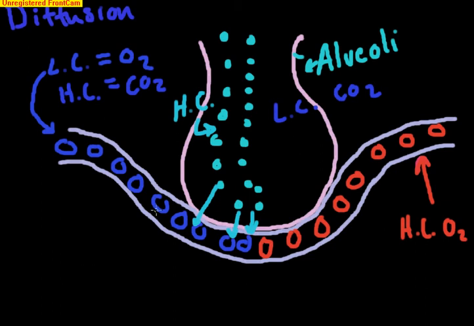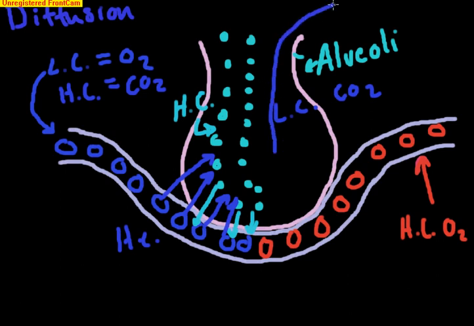So what happens then is the carbon dioxide from a high concentration here goes to a low concentration there. So there's like another exchange that happens, and then essentially you exhale, and out goes the carbon dioxide. In retrospect, over here, there's going to be a low concentration of carbon dioxide.